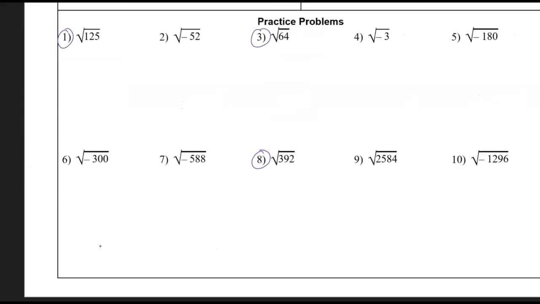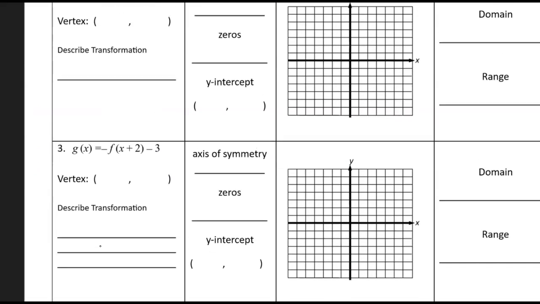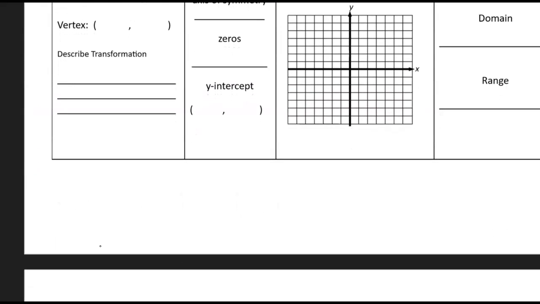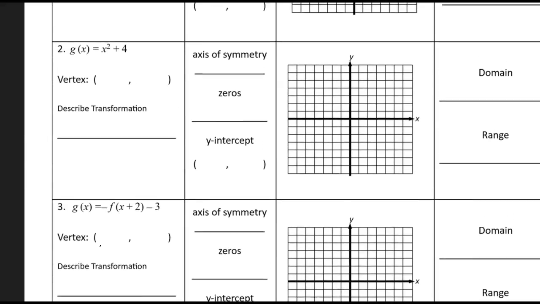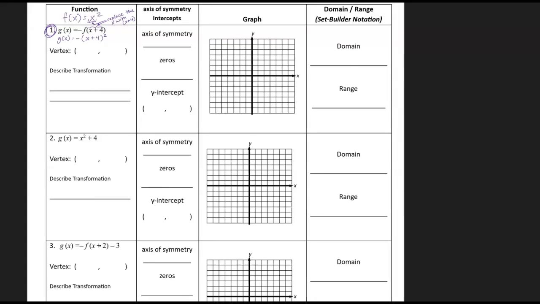We'll try 12. Yes. 1, 3, 8, and 12. And then on the previous page, we also had 1 through 3 on page 4. But you've got a bunch of time. You most likely can finish this before the end of class.